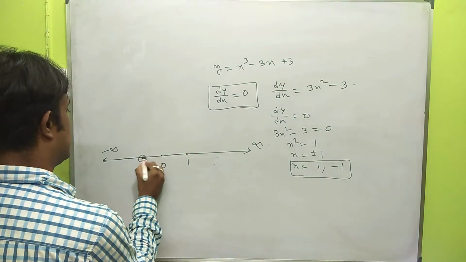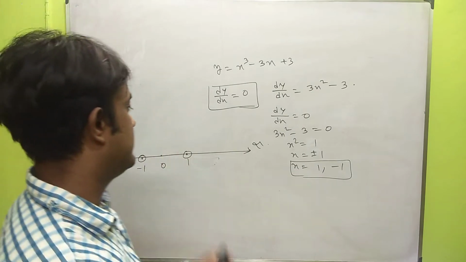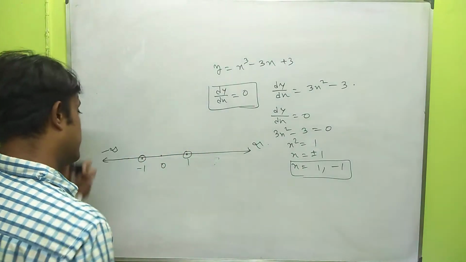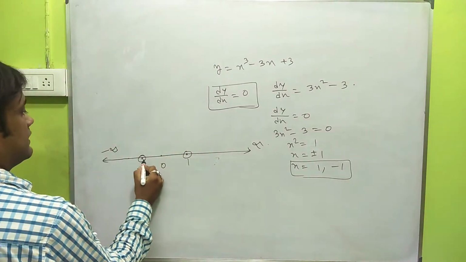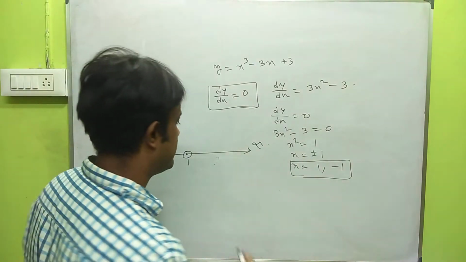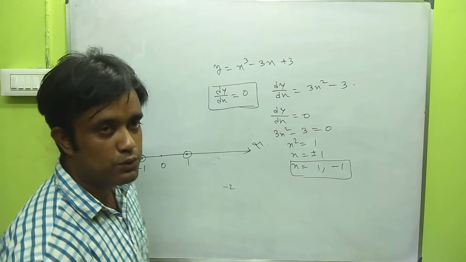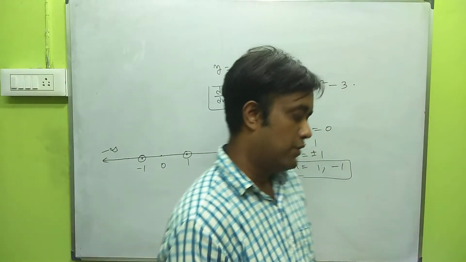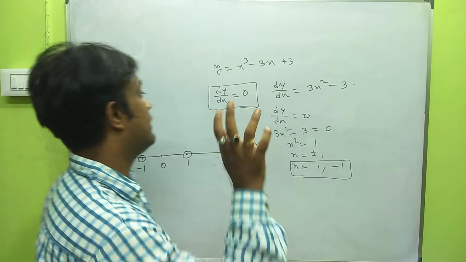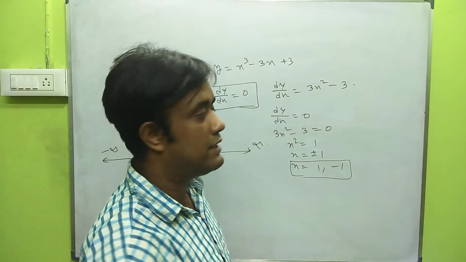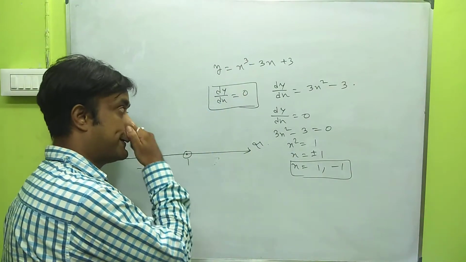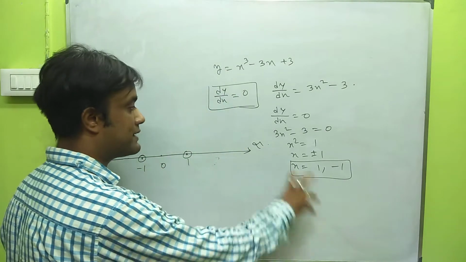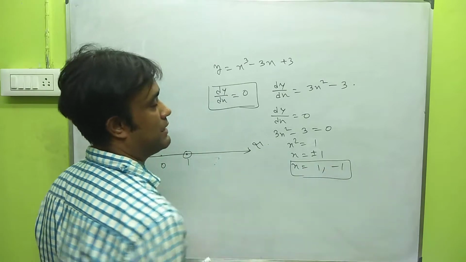If we make intervals with respect to minus 1 and 1, what will we get? Second step, please note down: first we find the turning points, then we check the sign of dy dx in the respective intervals with respect to 1 and minus 1.